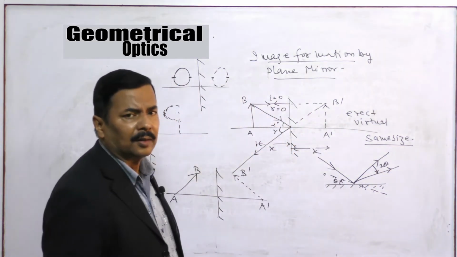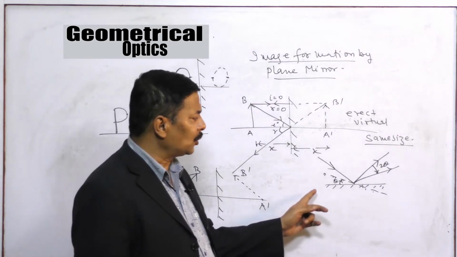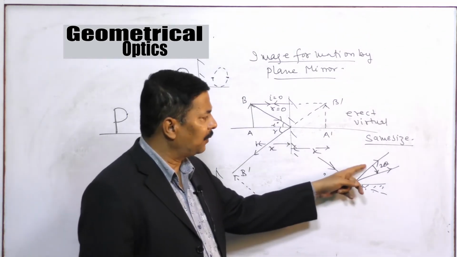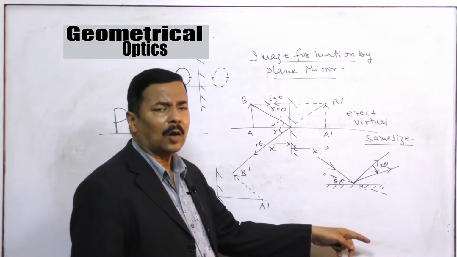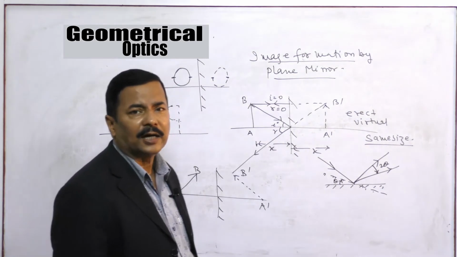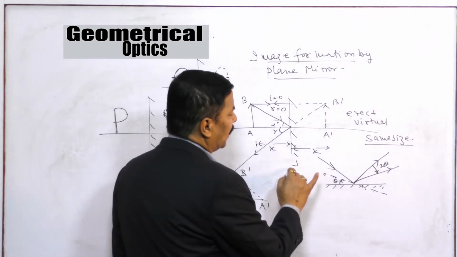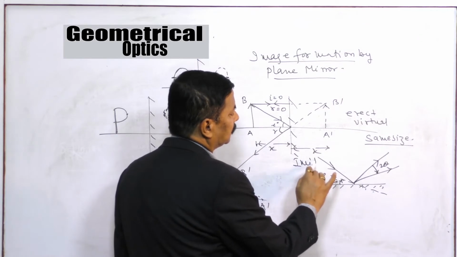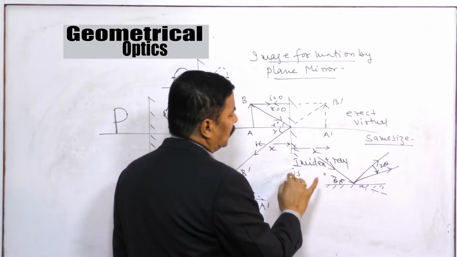Here, very important, that if the mirror is rotated in clockwise direction, the reflected ray also rotates in clockwise direction. And if the mirror is rotated in anti-clockwise direction, the reflected ray also rotates in anti-clockwise direction, keeping the incident ray fixed. So incident ray is fixed.